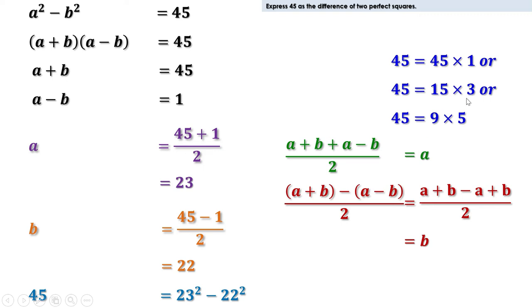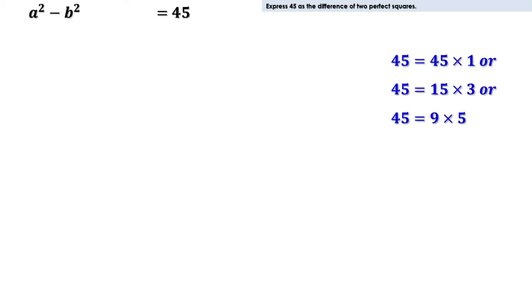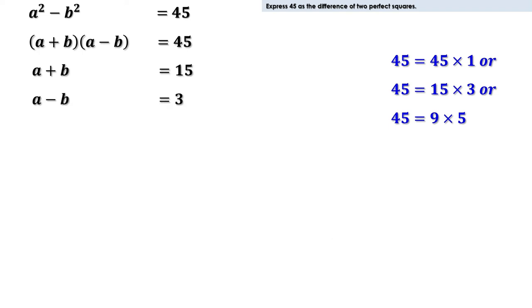Now let us take the factors 15 and 3. Then we can write 45 as the difference of two perfect squares in another way. Let a square minus b square be equal to 45. That is, (a plus b) into (a minus b) is 45. Let us take a plus b as 15 and a minus b as 3. Now a is (15 plus 3) divided by 2, or 18 by 2, or 9.